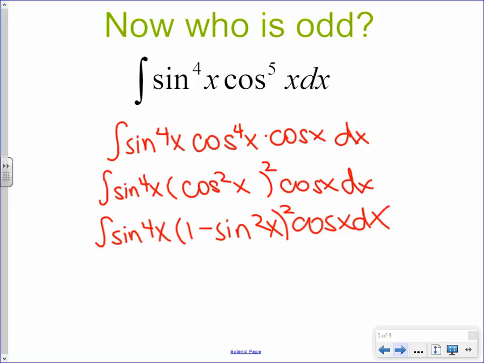Okay, so now what do we need to do? Distribute. Yes. We can do it now.